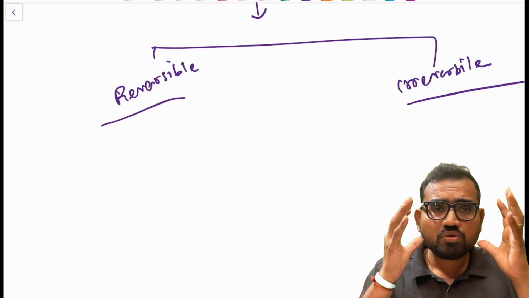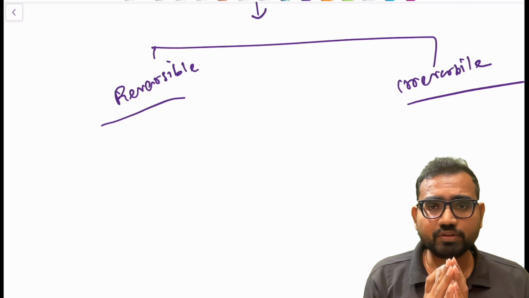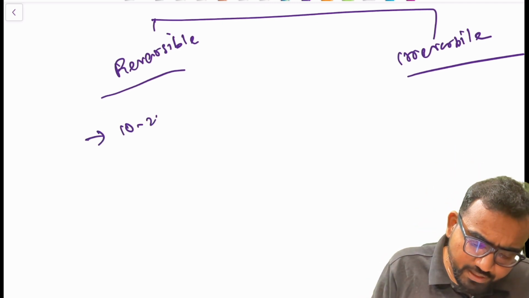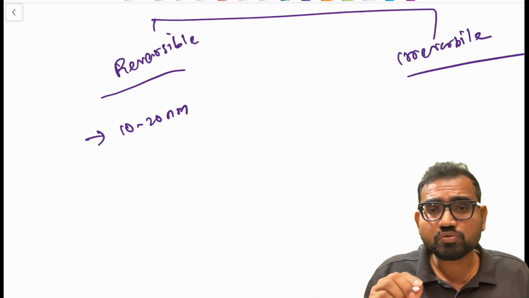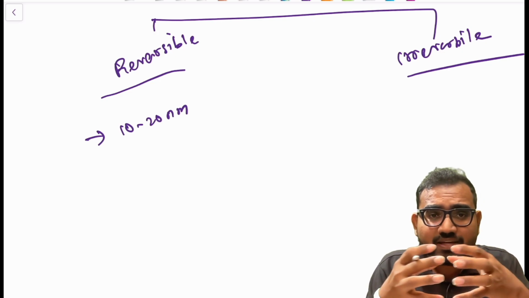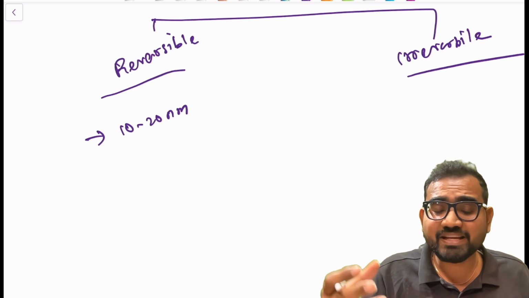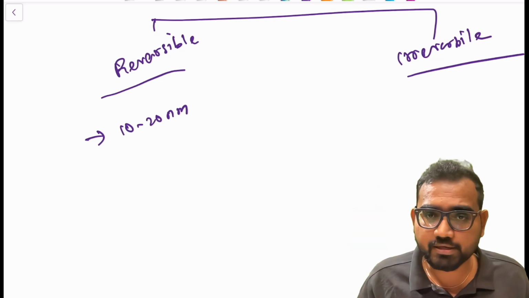These bacteria go and attach to the outer layer of the pellicle. The thickness of a pellicle is 0.1 to 1 micrometers. If the attachment is between 10 to 20 nanometers, it is called reversible addition, which means the bacteria can still be wiped off from the pellicle.